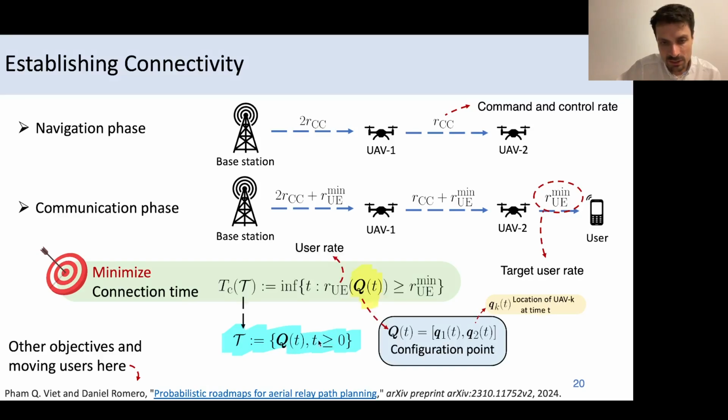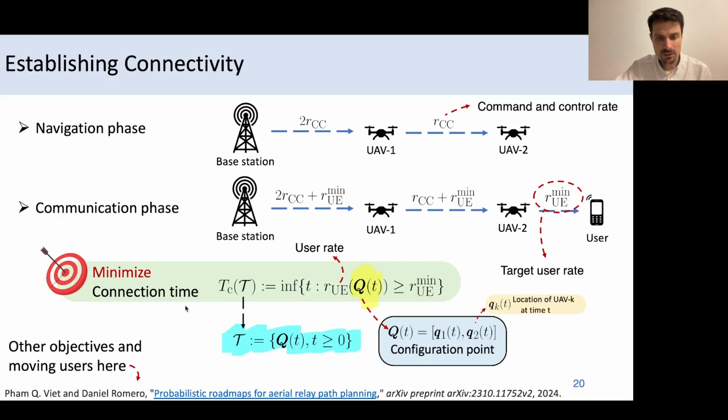We consider that the time starts at 0. And therefore the connection time can be expressed in this way. Here R_UE(Q) is a function that returns the rate that the user receives if the UAVs are located according to this configuration point, right?